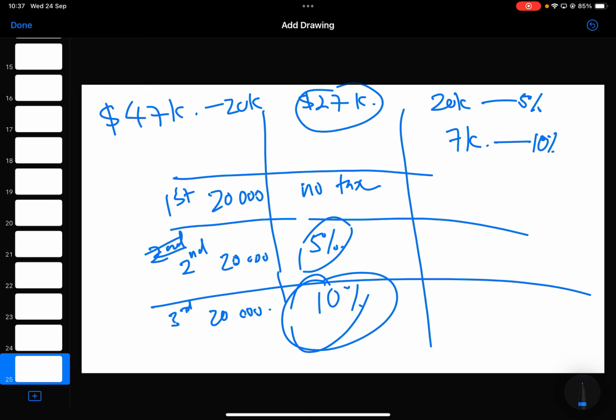This 20,000 at 5% will give me $1,000 tax. Then this 7,000 I tax at 10%, so I pay another $700. So altogether I need to pay $1,700 for tax for this year.